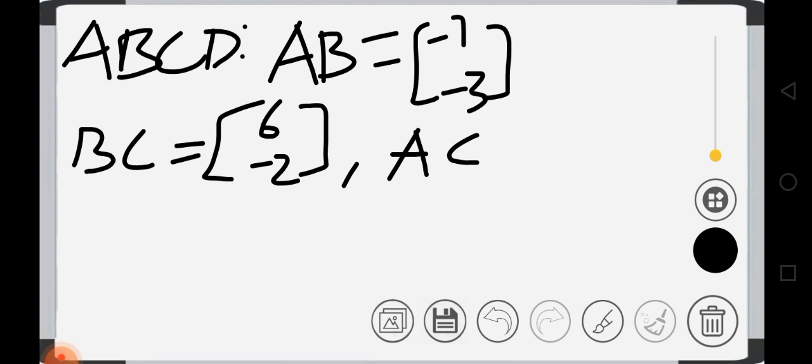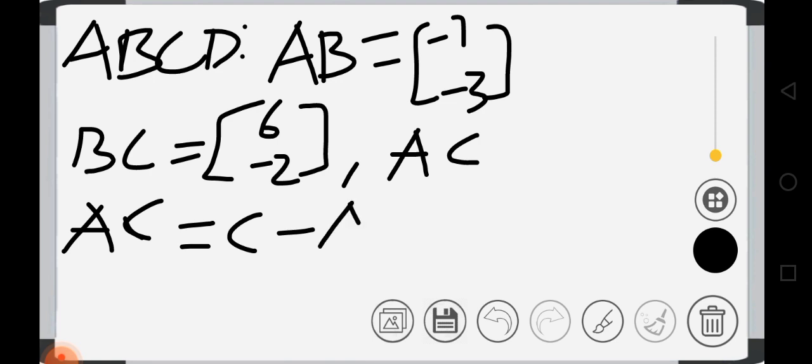Now we are going to use line vectors to do this. AC is the same thing as C minus A. This is when you are using just single vectors for A, B and all that. Since we have a vector that is moving from one point to another, we're going to solve them using line vectors.